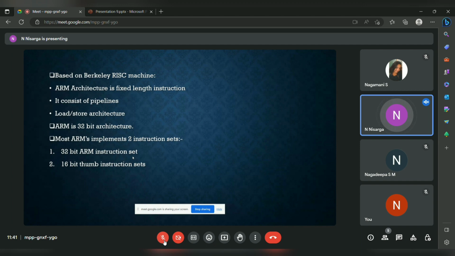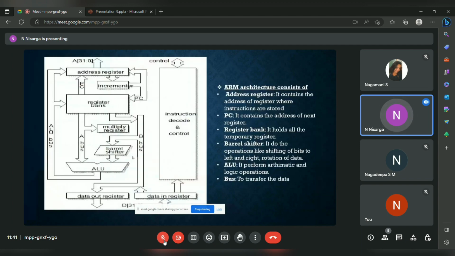Next, we will discuss the architecture of the ARM processor. ARM architecture consists of the address register, which contains the address of the instruction, and the next PC, which contains the next address. The register bank holds all the temporary registers, and the barrel shifter does operations like shifting of bits to the right and left, and it also rotates the data.